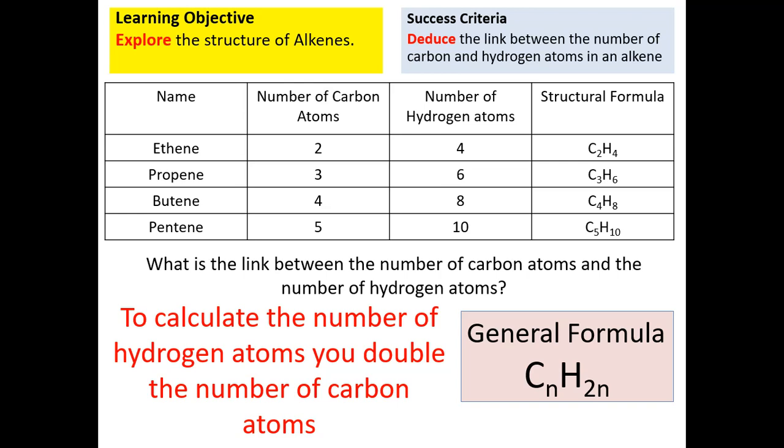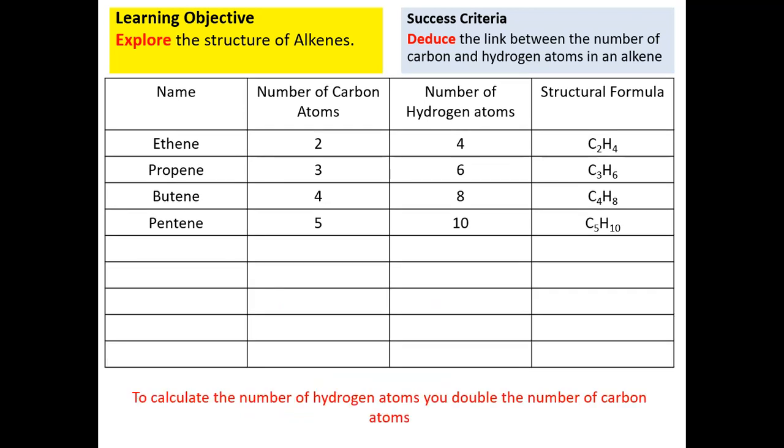To work out the number of hydrogen atoms, you just very simply double that. So the last thing I want you to do today is complete the rest of the table using that relationship. Hopefully you'll be able to work out the names. Think about the prefixes of the shapes in maths. We've got a pentagon, which created pentene, and it's the same as with the alkanes.